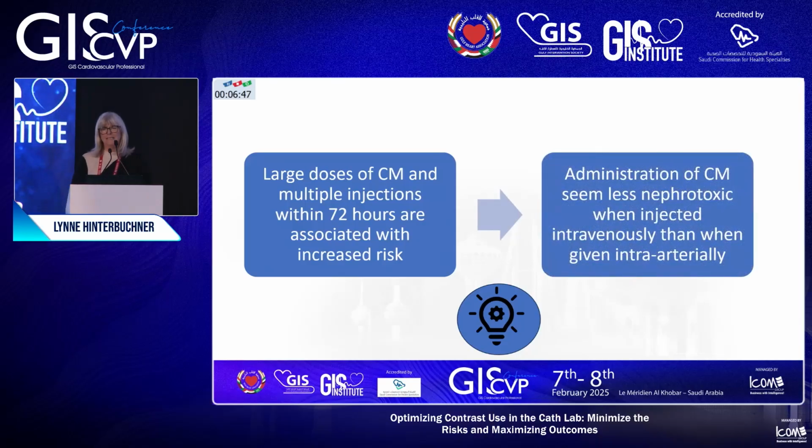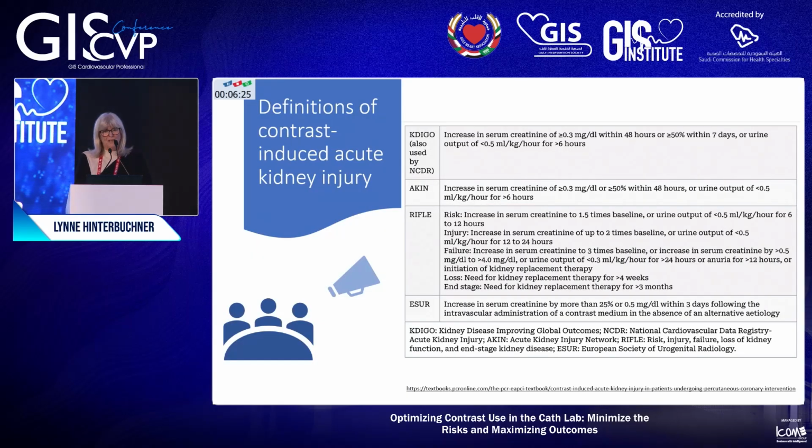If they've had a CT scan or an MRI with contrast, it's not so much to worry about, because venous introduced contrast, as opposed to arterial, is not as much of a problem. So when you're giving contrast arterially through the femoral artery, this seems to cause more problems.